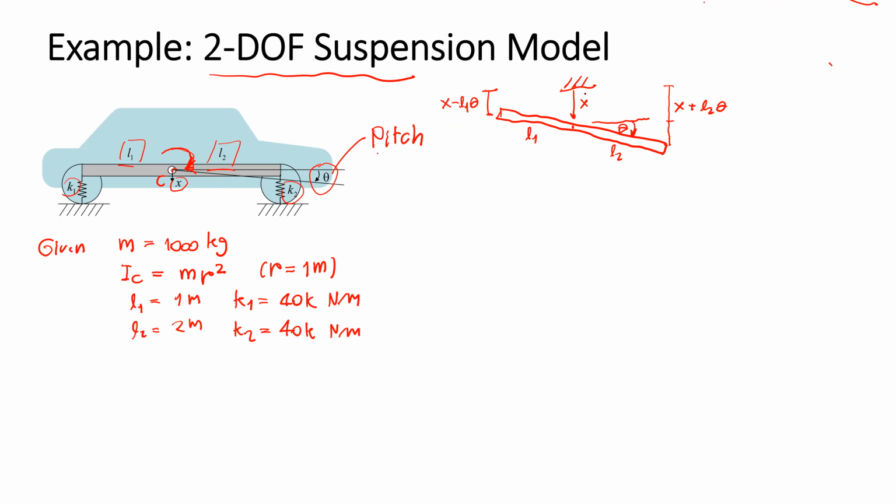So if we consider the spring force, if we remove the spring and just have only the spring force, the spring force will be k multiplied by the displacement. Here also k multiplied by the displacement.